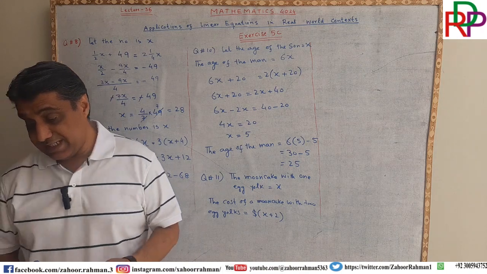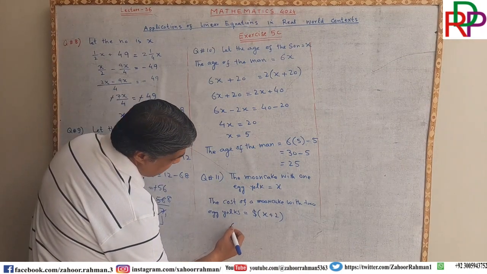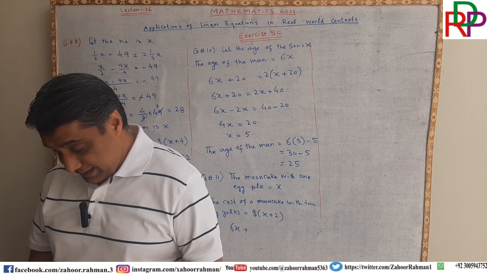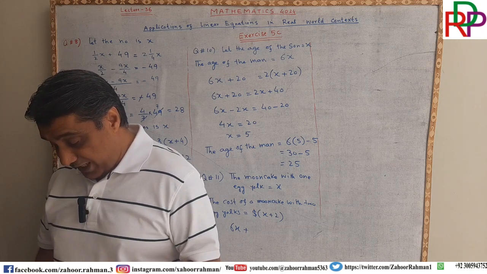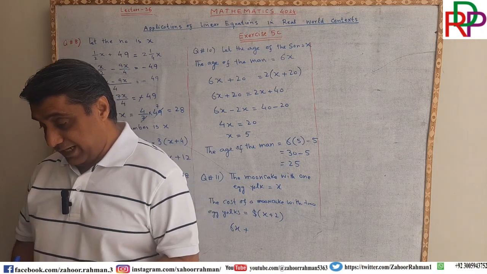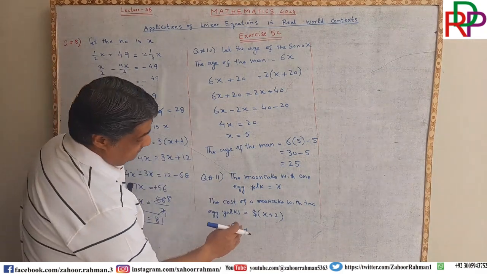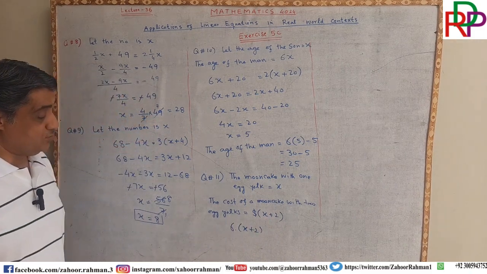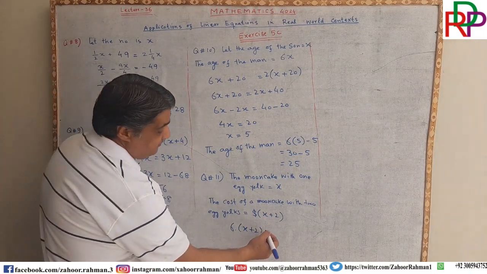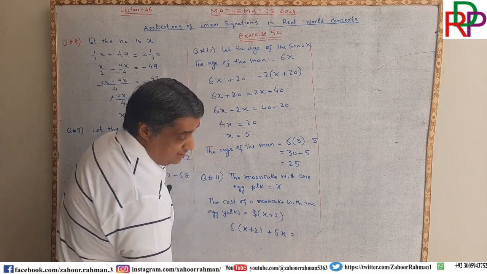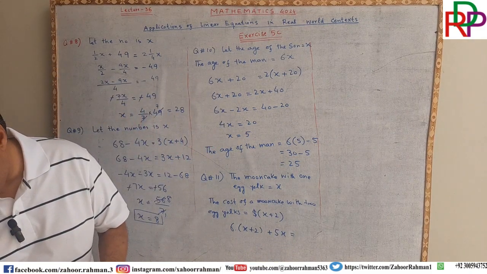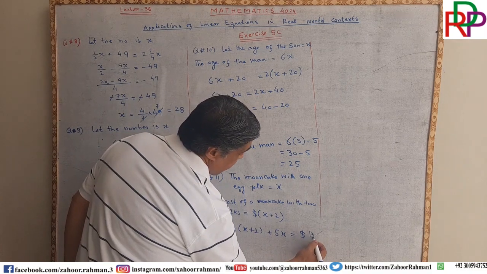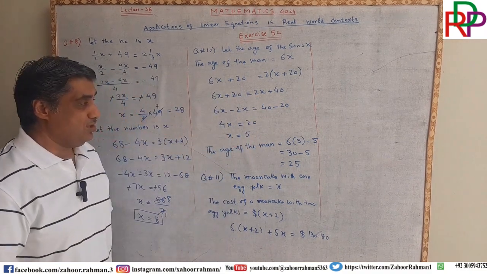So we will have to take 6x plus, and the question is further saying with two egg and 5 moon cake with one egg, so 6 into x plus 2, because we have taken 2 yolks with x plus, and then 5x is equal to, they given us in the question, $130.80.